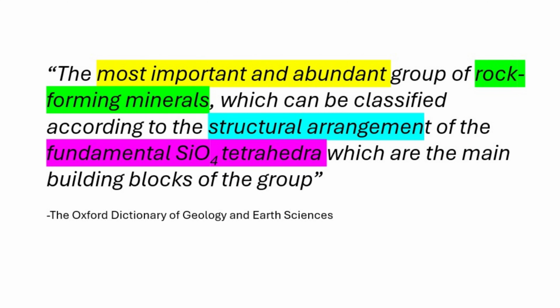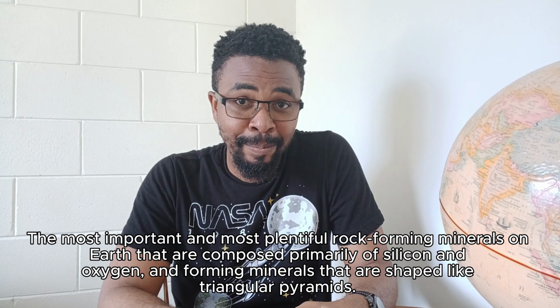Okay, good. So based on the definition we deconstructed, let's put it back together and see if we can make a simplified definition for ourselves to better understand these silicates. Here goes.